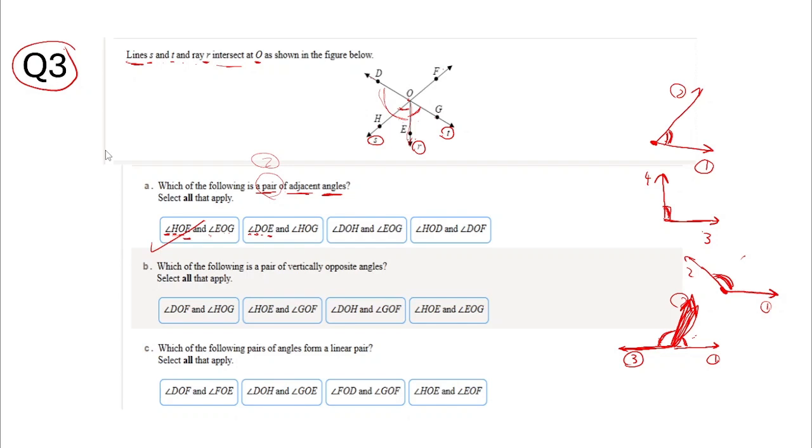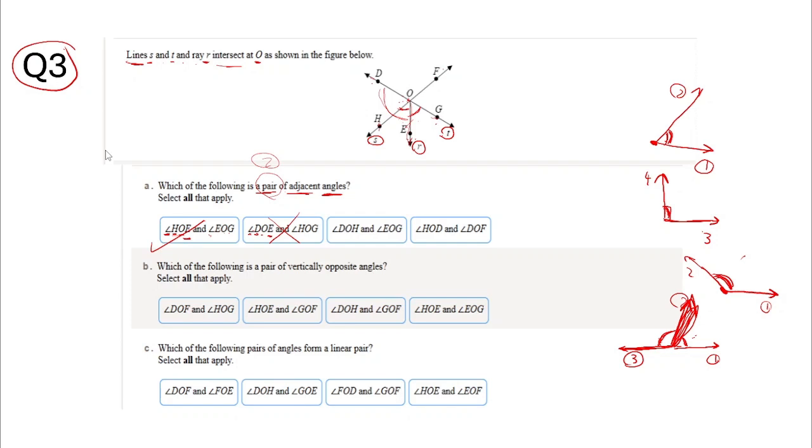Okay, and HOG. DOE and HOG, they don't have a common ray. So this option is not correct.